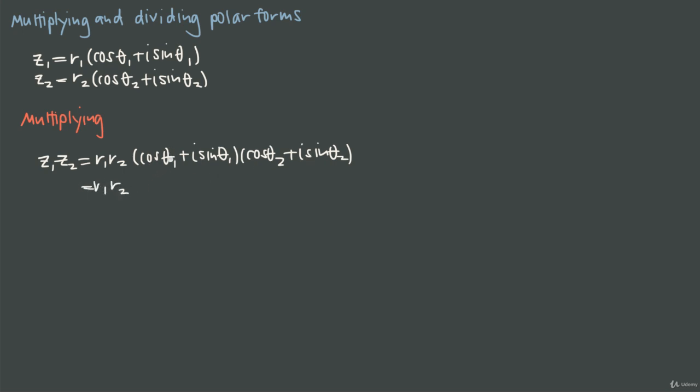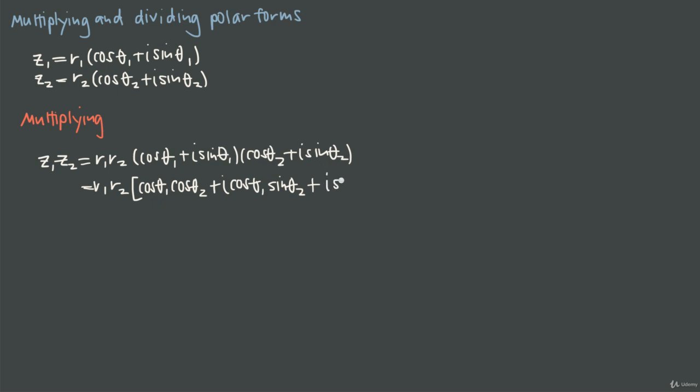I multiply the first terms together, cosine theta 1 times cosine theta 2. So I get cosine theta 1, cosine theta 2. And then I take the outer terms, cosine theta 1 and i sine theta 2. So I'll say plus i cosine theta 1 sine theta 2. Then I take my inner terms, i sine theta 1 and cosine theta 2, and multiply those together.